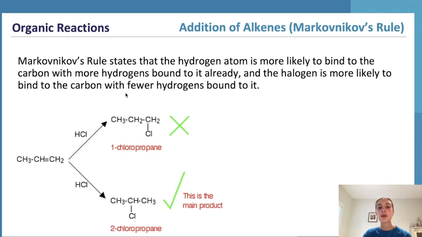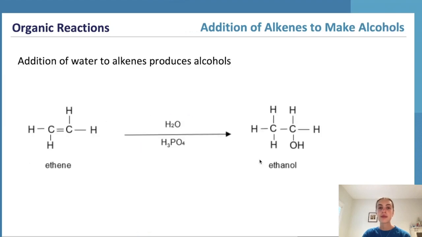And so Markovnikov's rule is saying that hydrogen is going to bond to the carbon which already has more hydrogens bound to it, so it's going to bond to the CH2 part of the molecule as opposed to the CH part of the molecule, resulting in 2 chloropropane as opposed to 1 chloropropane. So we'll end up in this reaction producing mostly 2 chloropropane. However, there will be a very small amount of 1 chloropropane produced.